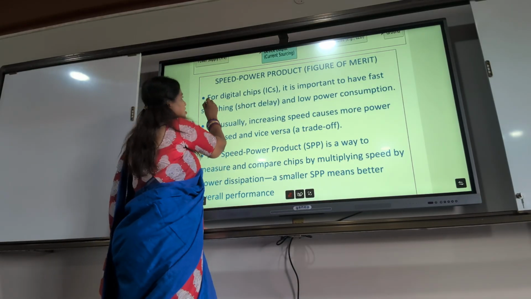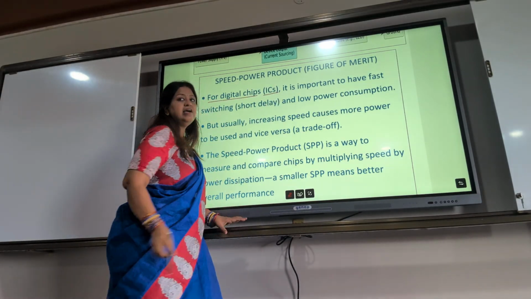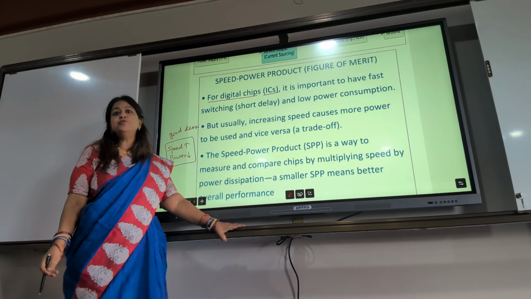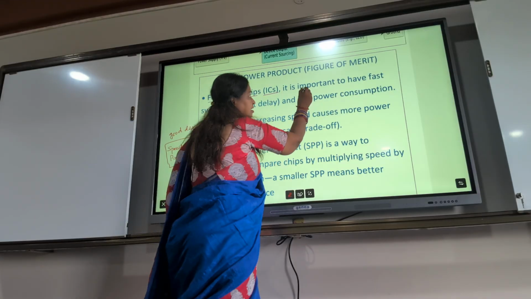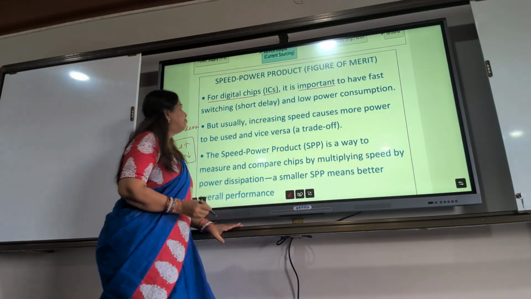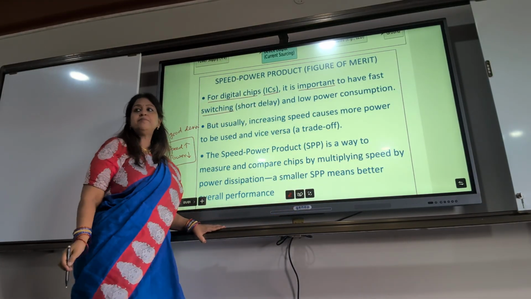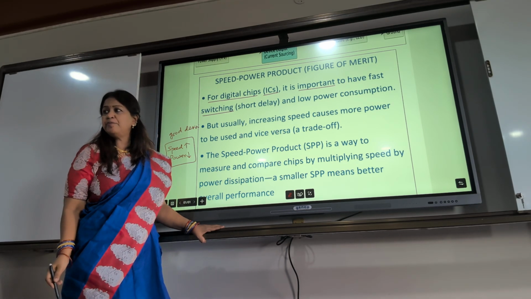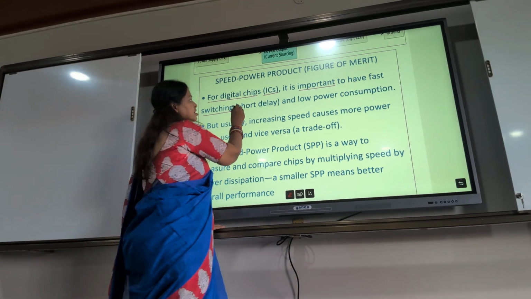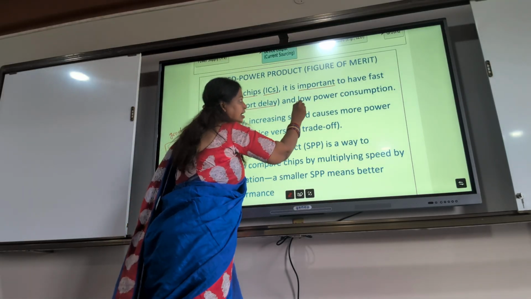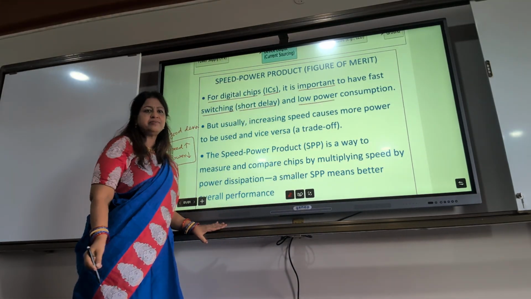So for digital chips, that is ICs, integrated circuits are called as chips, it is important to have fast switching. That means propagation delay should be less. Okay, fast switching, that is shorter delay and low power consumption.